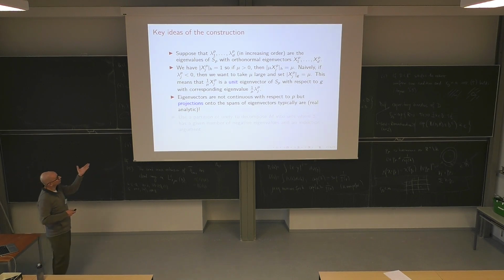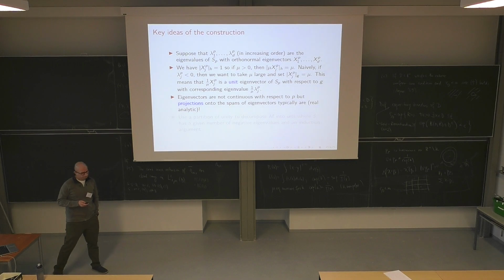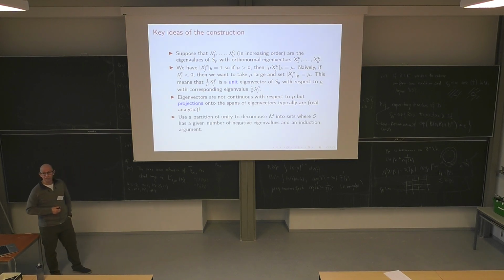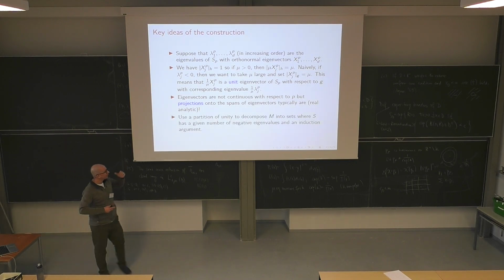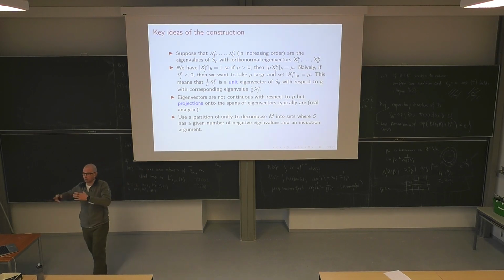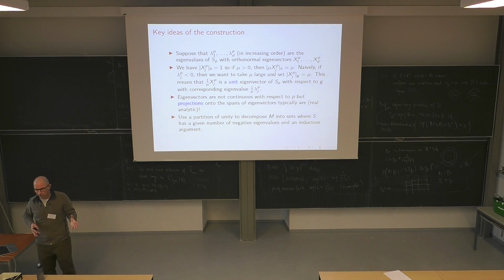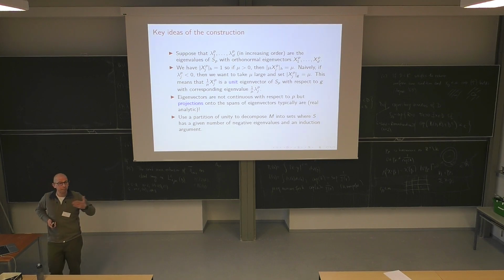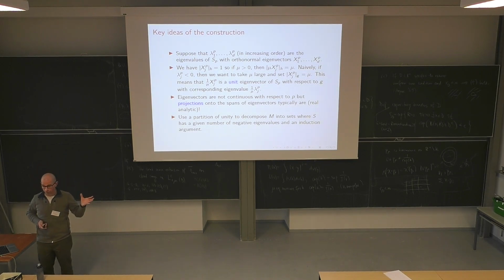And that's the key here. What we then do is decompose M where S has a set number of negative eigenvalues, and then we apply this kind of idea iteratively, and that builds a metric. And that's the idea behind the proof.